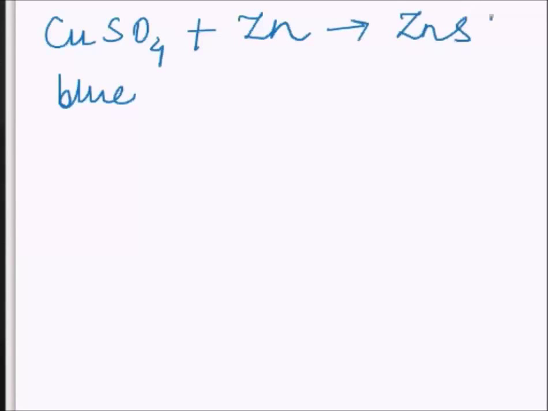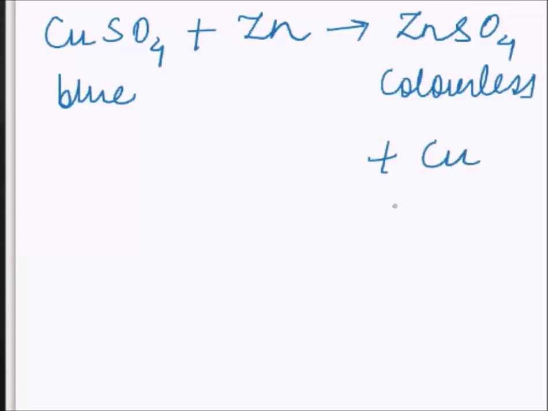CuSO4, this is copper sulfate, which is blue in color. When it reacts with zinc, zinc sulfate is formed, ZnSO4. This is colorless, along with copper, and this is red in color.